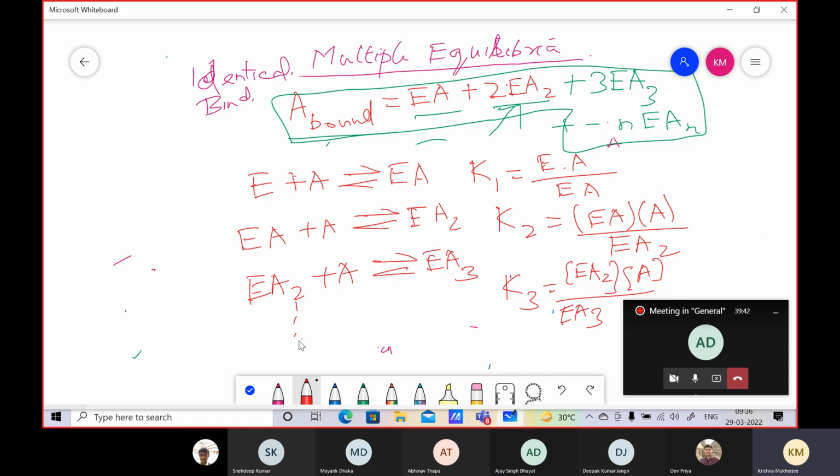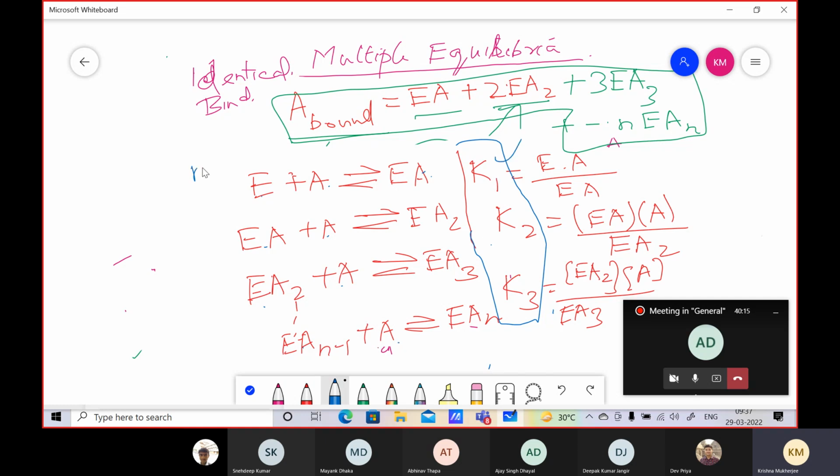And so till N, EA N minus 1 plus A giving EAN, and you can write the equation as well. Now each of these steps has its own dissociation constant. E binding to A might be different from EA binding to A, and EA2 binding to A, EAN minus 1 binding to A. Each of these are called the macroscopic dissociation constants.